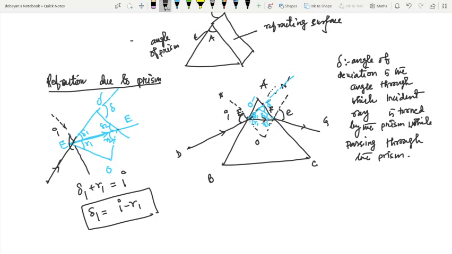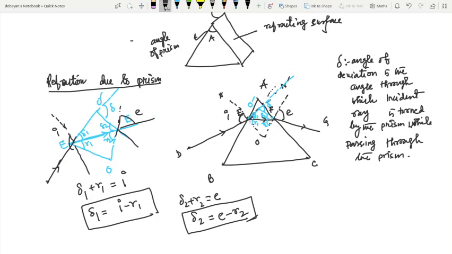The total deviation delta is delta 1 plus delta 2, so it is I plus E minus R1 plus R2.